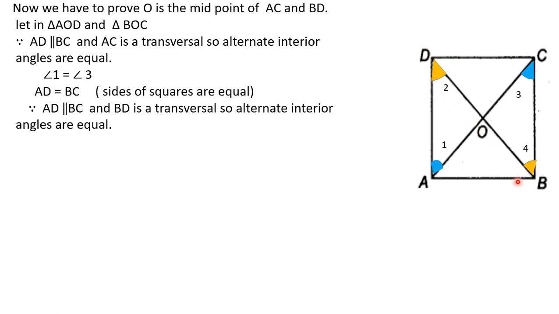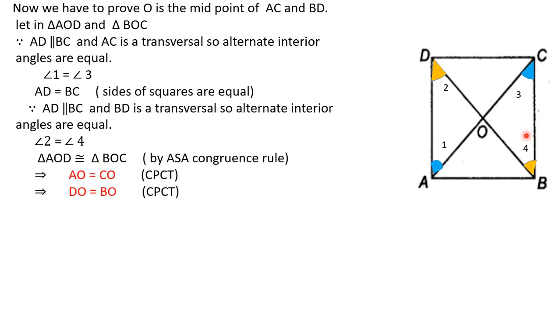So angle 2 and angle 4, these two angles are equal as they are the alternate interior angles. Here we are getting angle, side and angle. So we can say the triangle AOD is congruent to triangle BOC by angle side angle congruence rule.